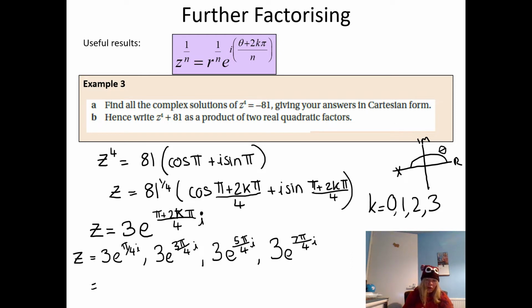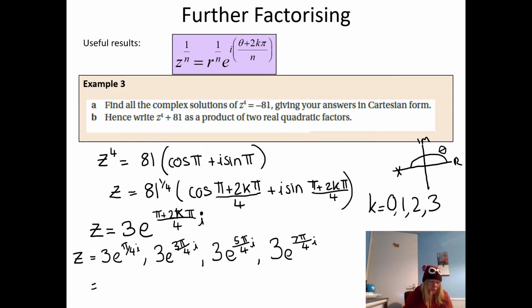If you want to change those into Cartesian, all you have to do is type them in your calculator. It's a bit of a faff. 3, shift ln. You have to put in there pi by 4, shift pi ABC 4. Then put an i, which you can get by doing shift 0. Press that, and it turns it into Cartesian form. So writing those out is a nuisance.